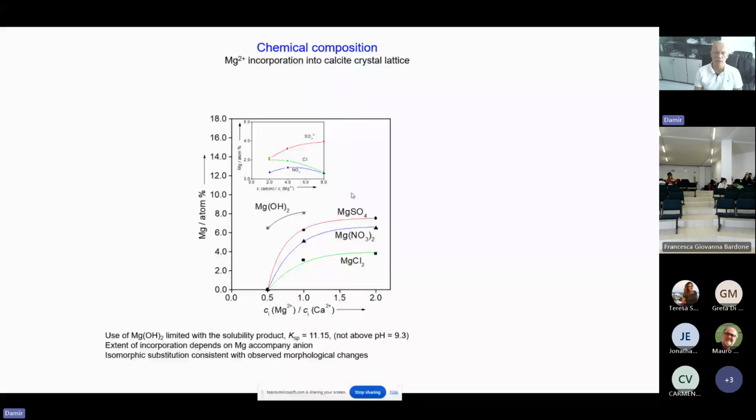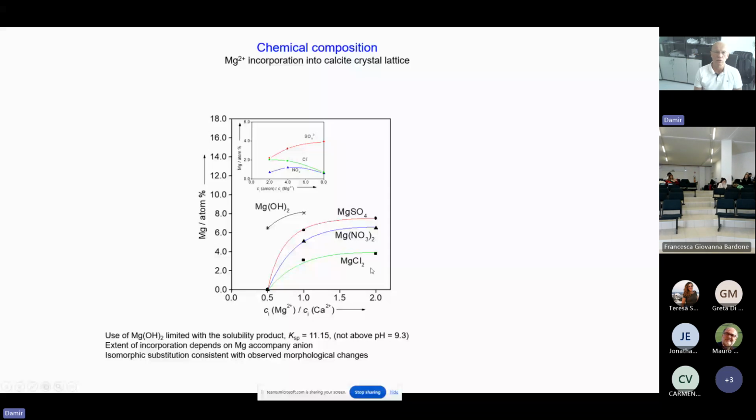I should emphasize that these observations are consistent with morphological observations, because the strongest effect on morphology was also observed with magnesium sulfate, and the lowest with magnesium chloride.